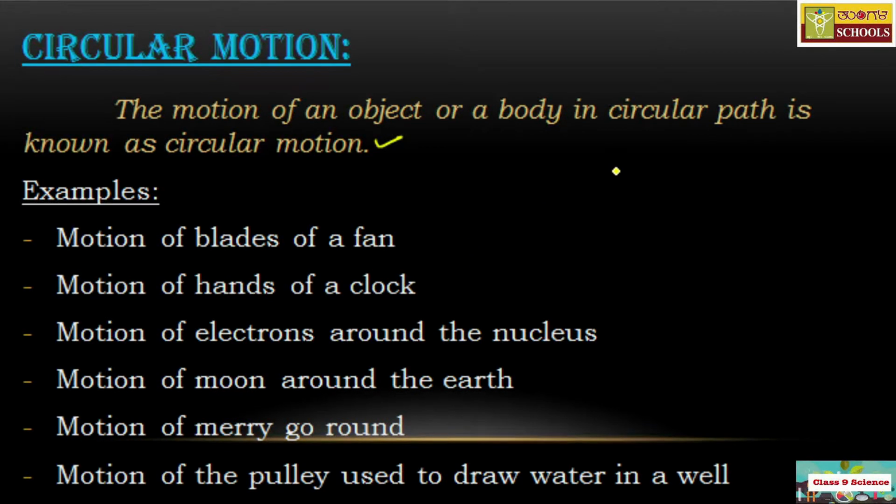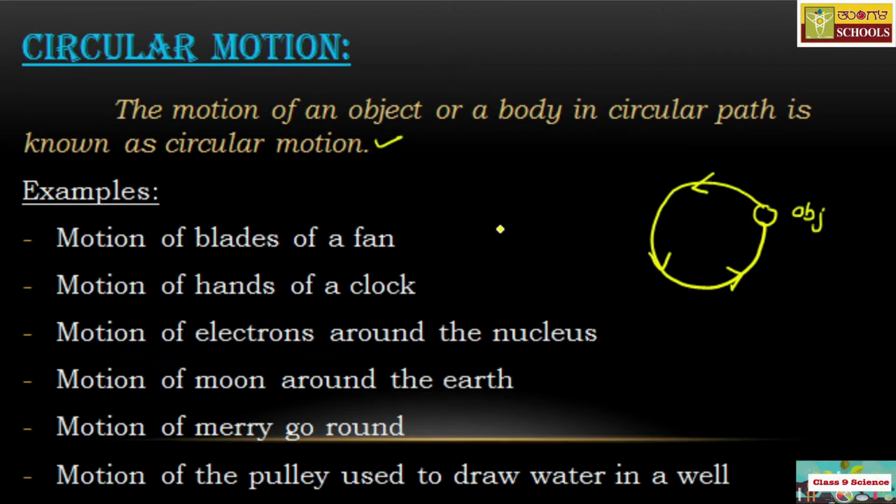Assume this is a body which is moving in a circular path like this. That motion of the object is said to be circular motion of the object or a body. So this is the definition of circular motion.